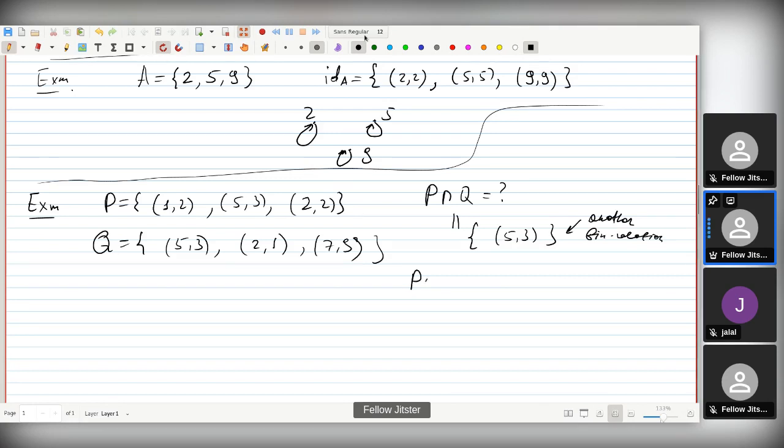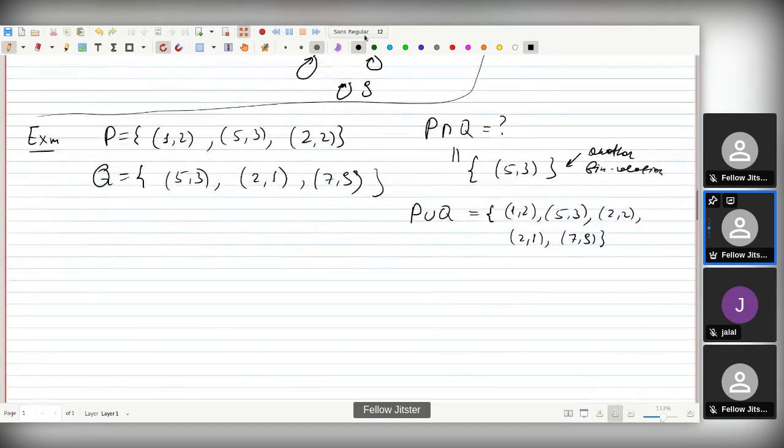Likewise, I can consider the union of these two relations. What is it? All of the elements. Namely, (1, 2), (5, 3), (2, 2), (2, 1), (7, 9).